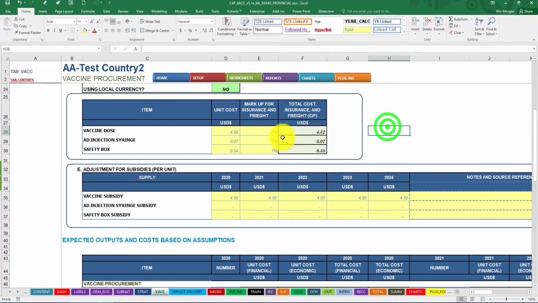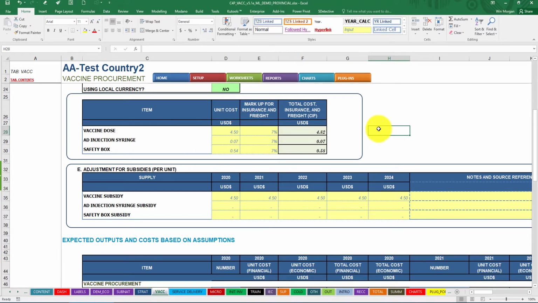So you're going to want to work with the medical stores, who usually take care of clearing things from the port, whether it's your airport or your seaport. Check to see what the actual markup is for what you're getting, and put in an estimated percent.